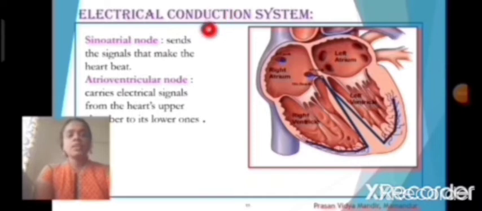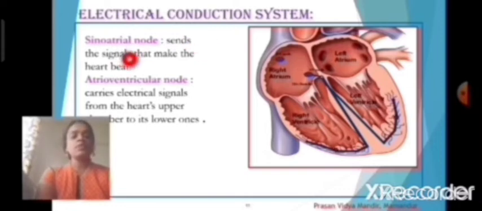So the electrical conduction system is nothing but the process of sending electrical signals to the heart in order to pump efficiently. SA node and AV node are two nodes made up of a special type of cells that conduct electrical signals to the heart. SA node is elaborately called the sinoatrial node, which is present here.